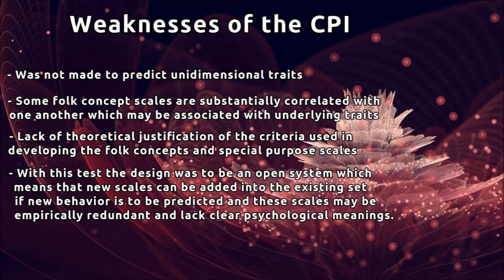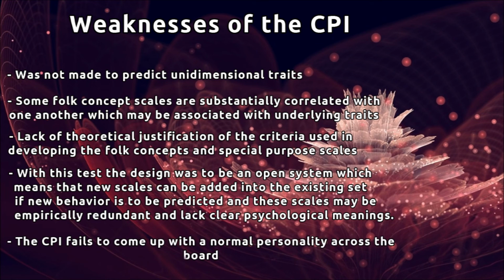With this test, the design was to be an open system, which means that a new scale can be added into the existing set if new behavior is to be predicted, and these scales may be empirically redundant and lack clear psychological meaning. The CPI also fails to come up with a normal personality across the board.